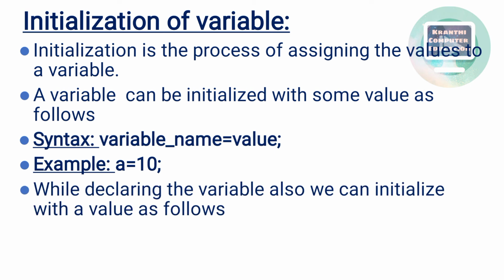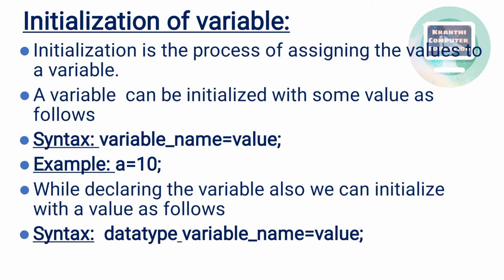Next, while declaring the variable also, we can initialize it with a value as follows. At the time of declaration of the variable, we can assign the values as well. Let's see how.